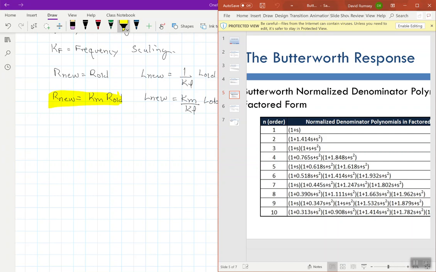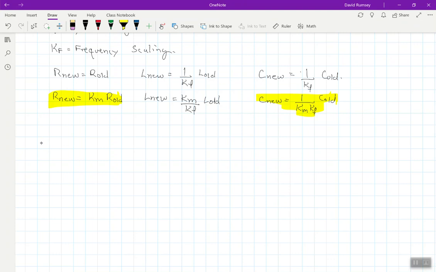So the normalized denominators give us the Q factors, the quality factors that we need for these Butterworth filters. And we're going to have 2 of them here.